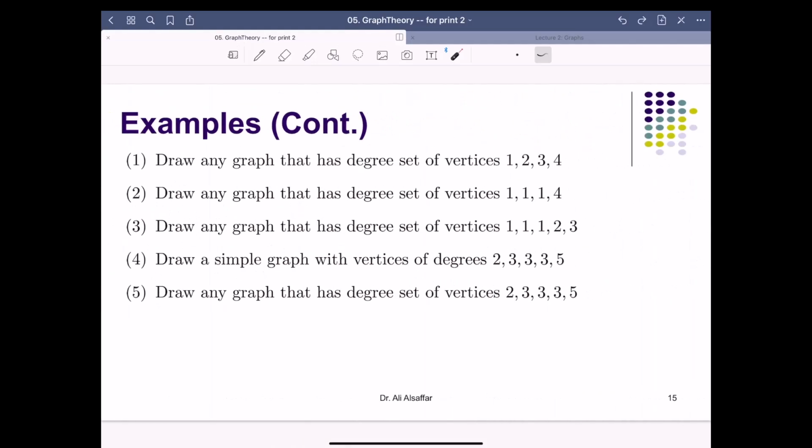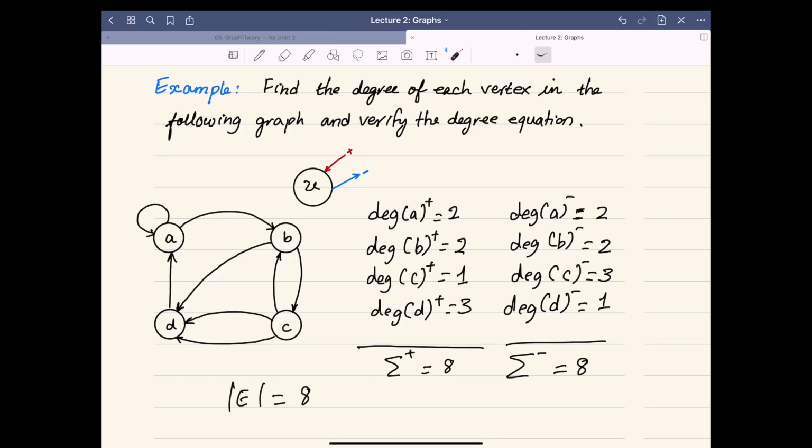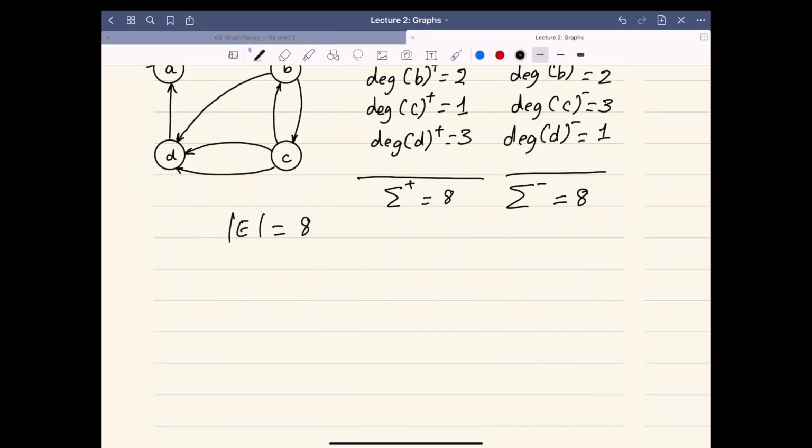Next is to discuss what's called the degree set or the degree sequence. So let me write the definition for the degree set or the degree sequence. So here I'm going to write degree sequence or set. So what is the definition?